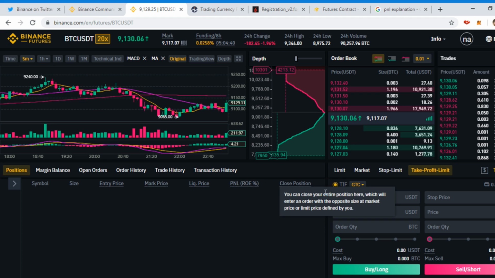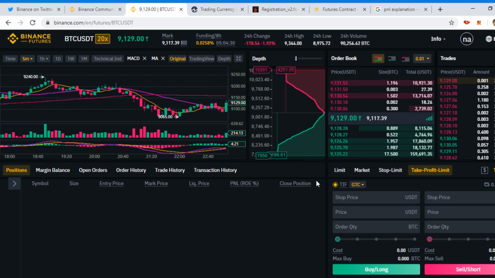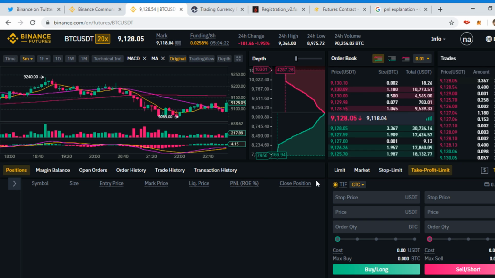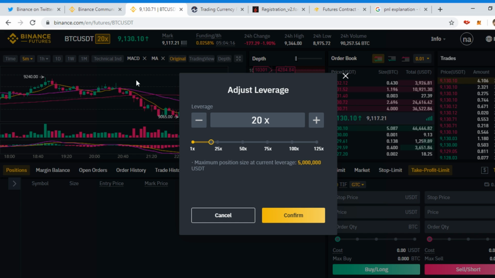So overall, what we have learned about futures contracts from Binance is that it's a risky, heavy risk but heavy reward as well. If you guys do not know much about contracts and futures and all of these things, I suggest you not do it, because it has high risks because of the leverage.